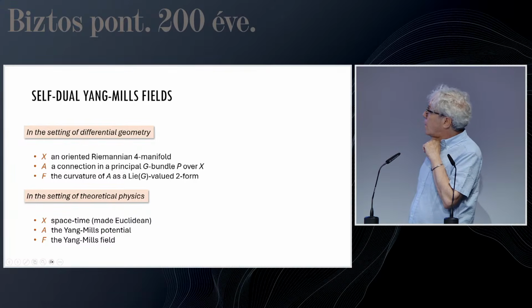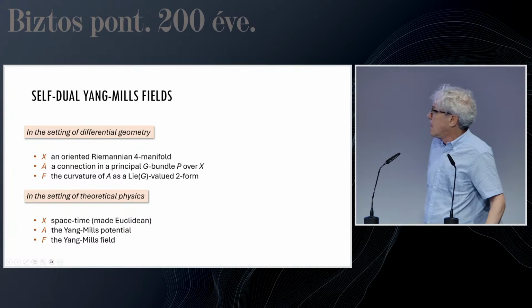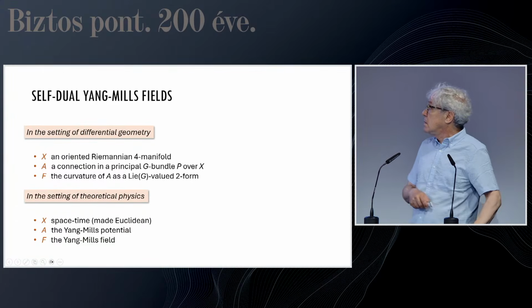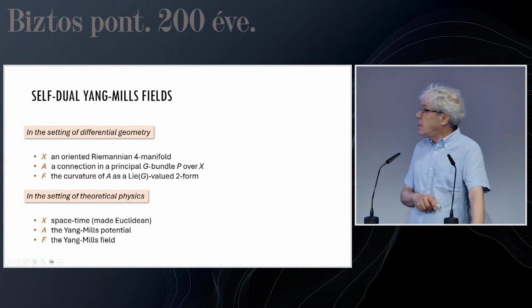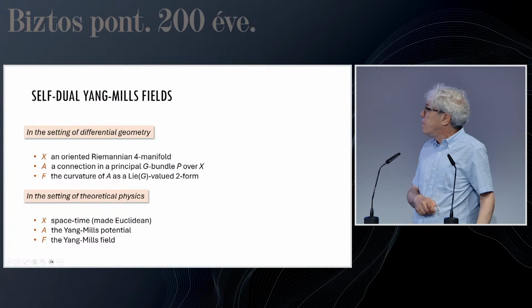In the setting of theoretical physics, I'll say a tiny bit more about this later, X might be space-time, but here made Euclidean. A might be referred to as the gauge potential or the Yang-Mills potential, and F the Yang-Mills field, its exterior derivative.